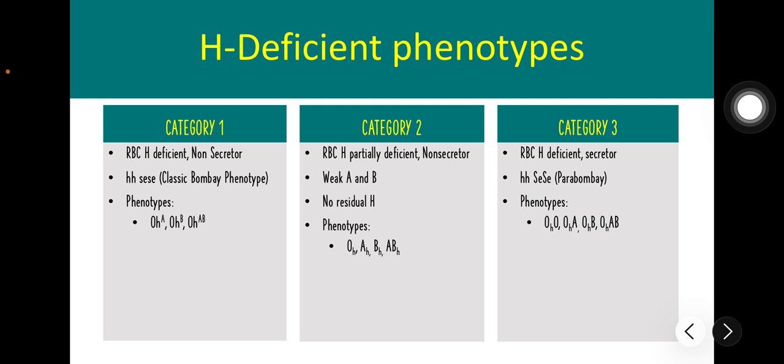So again, para-Bombay or Bombay individuals are compatible only with H deficient donors because transfusion management usually requires a stored autologous unit, meaning their own blood, or blood from siblings with the same phenotype, or contacting rare donor registries.